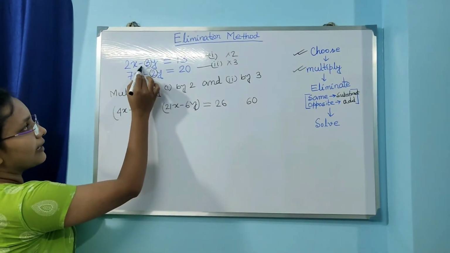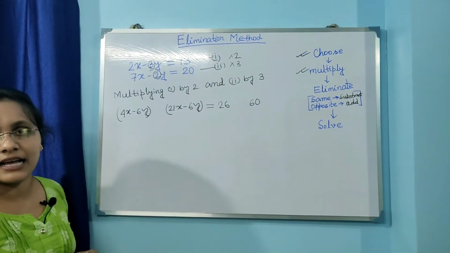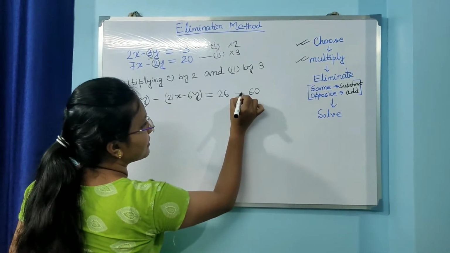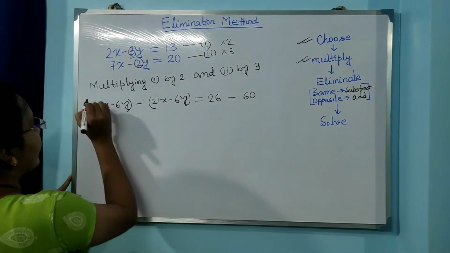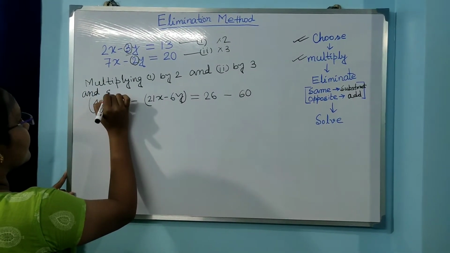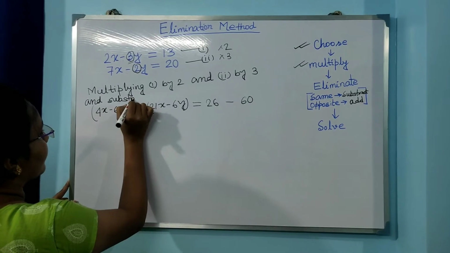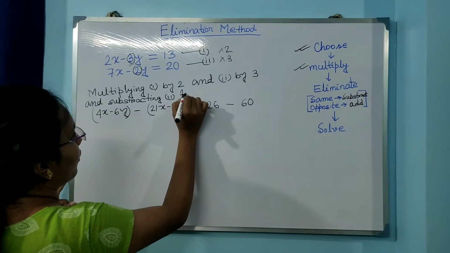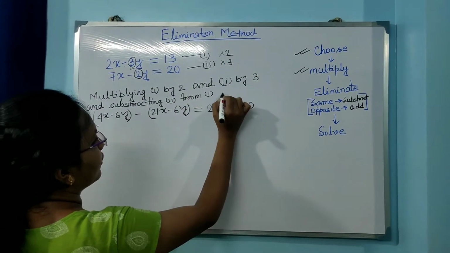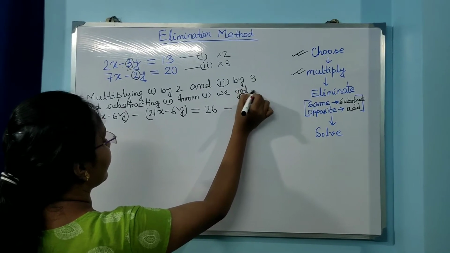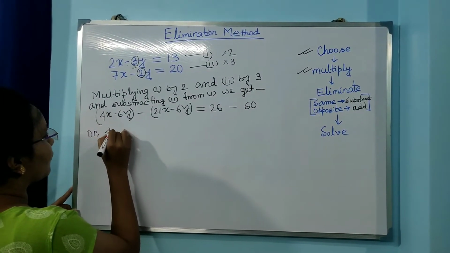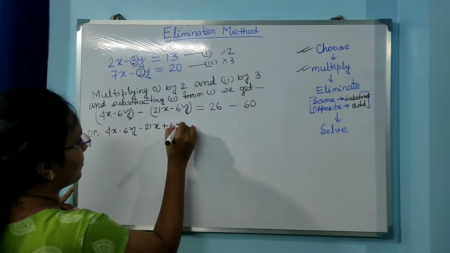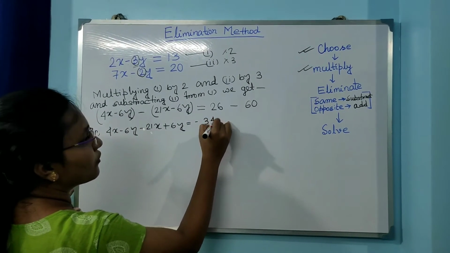See, here is minus and minus. That means the same sign, so you have to subtract. So here give a subtraction sign. So we write: subtracting 2 from 1 we get 4x minus 6y minus 21x plus 6y equals minus 34.